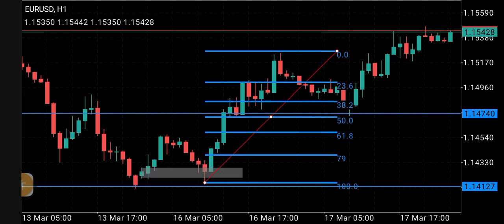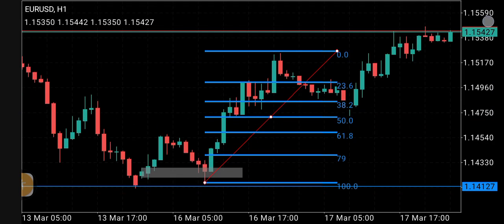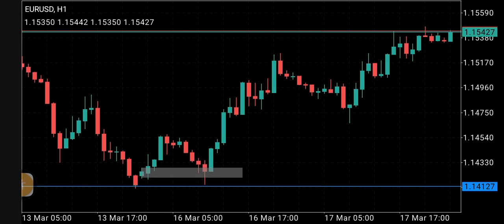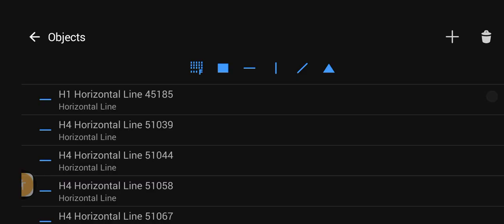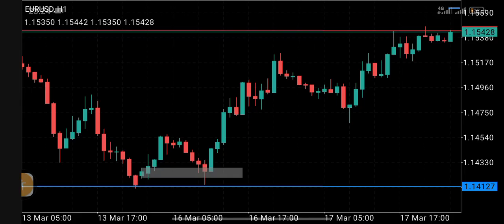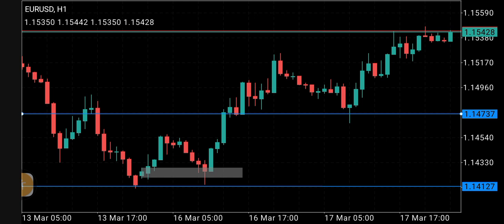So let me remove the fib so that I can see very well. Okay, I've removed the Fibonacci. So we still have a kind of confluence. H1 order block, H1 order block, and Fibonacci 50% level retracement.